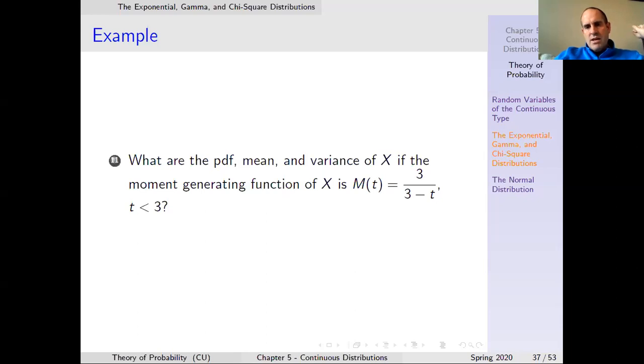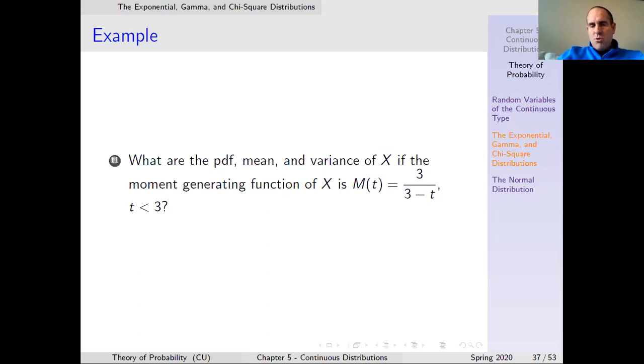Well, that moment generating function, I'm telling you, is something that we have seen before. I promise. So I have 3 over 3 minus t, okay?